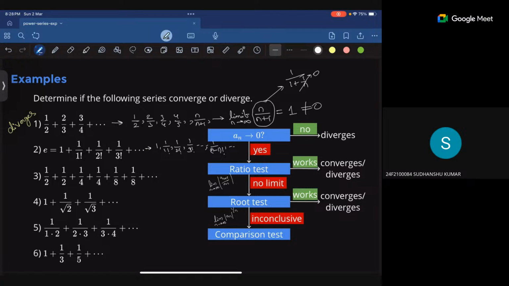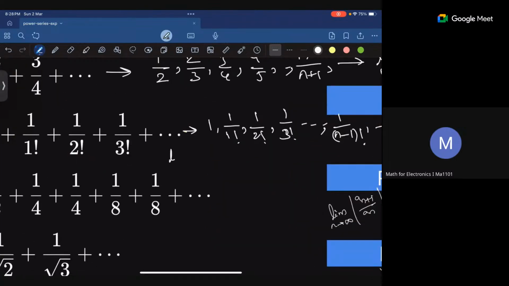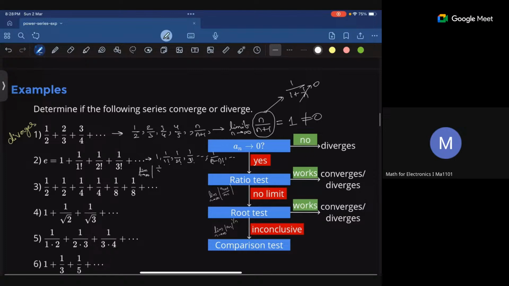Yeah. So here, the second problem, you can use the ratio test. You see this limit n tends to infinity. We are using the ratio test. The (n plus 1)th term is 1/n factorial, divided by the nth term, which is 1/(n minus 1) factorial, right?